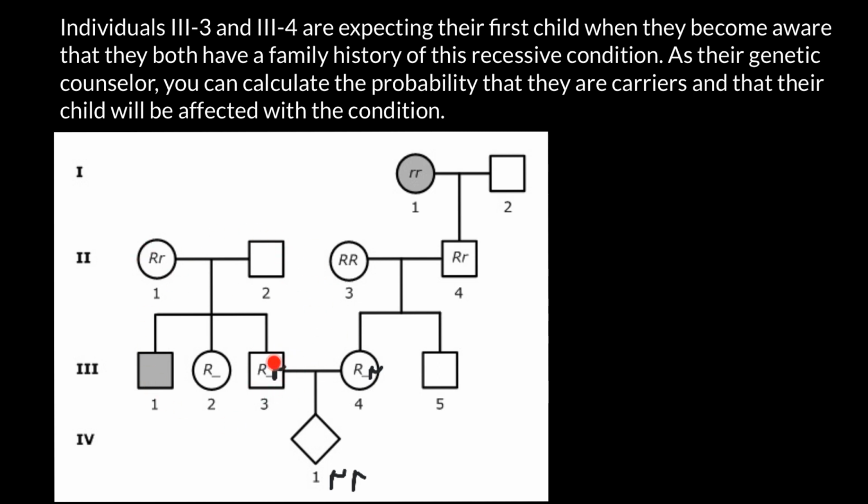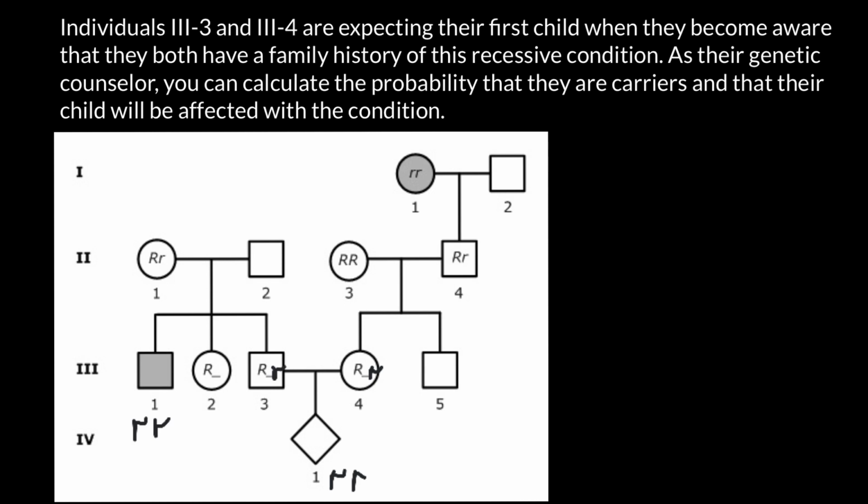You see that this male has a sister and a brother who is affected. The brother got one defective allele from his mother's side, and he has to get the second defective allele from his father's side.